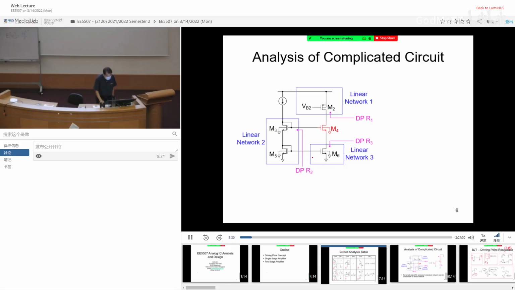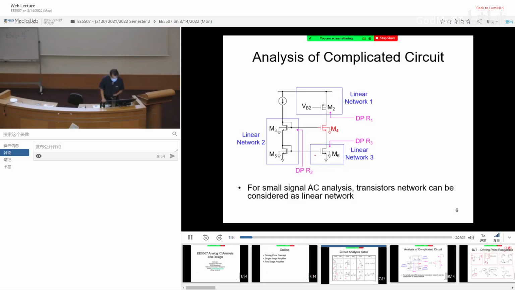So we start asking ourselves, from the standpoint of M4, I look up into the M2 drain terminal. That is what we call the driving point. From the M4 perspective, I look up, I see the drain of M2. What is it equivalent to? It's no longer a transistor. I can simply replace it with a simple resistor, R1.